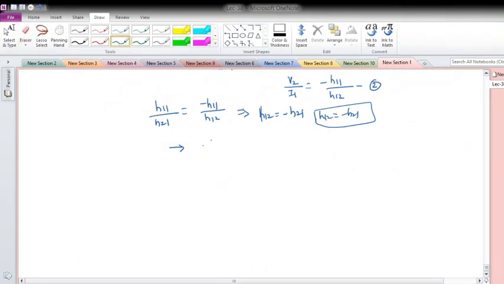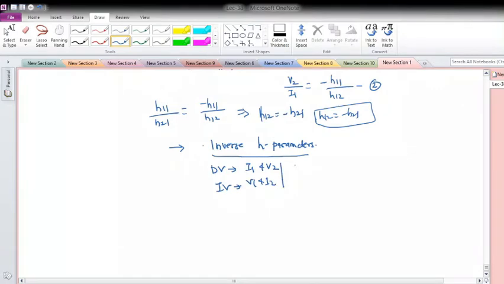Inverse H parameters, and that can be obtained as follows. Now here, what will be the dependent variables? Dependent variables will be I1 and V2, and independent variables will be V1 and I2.